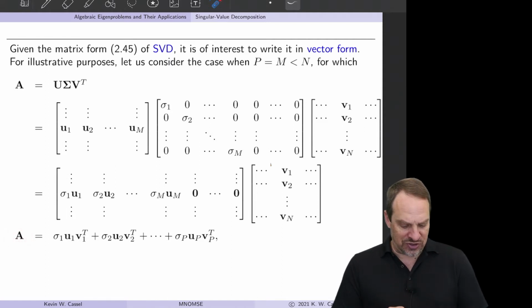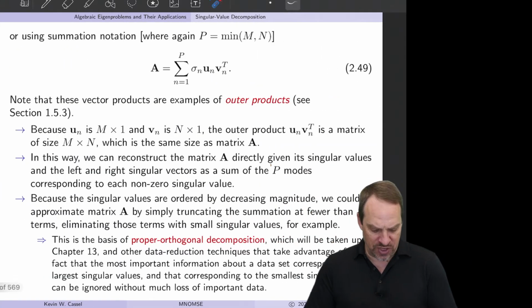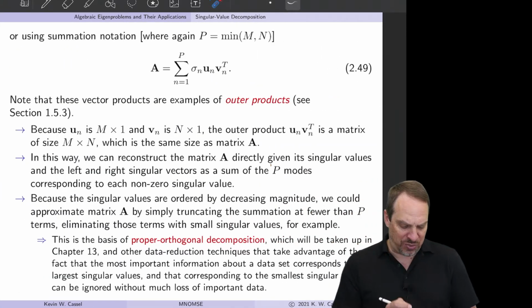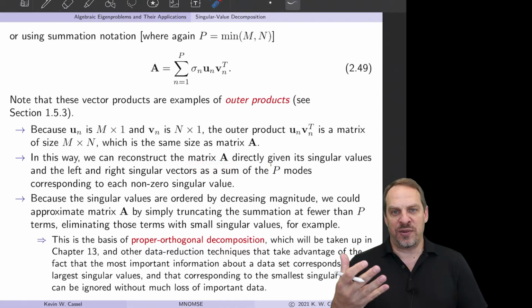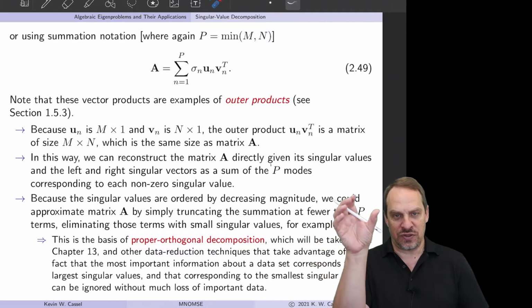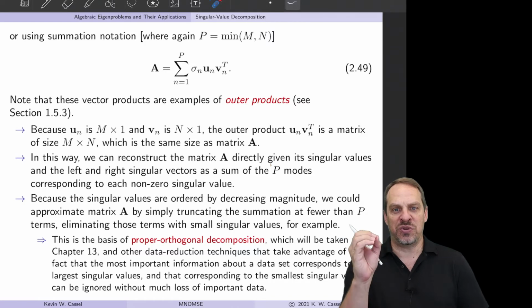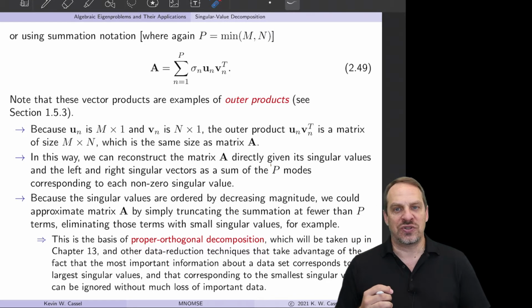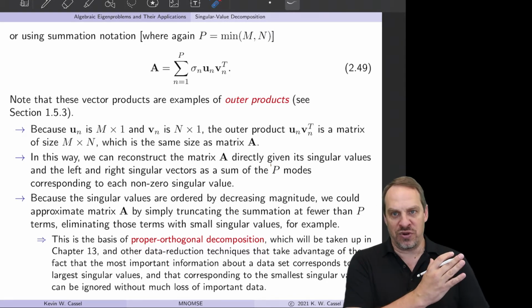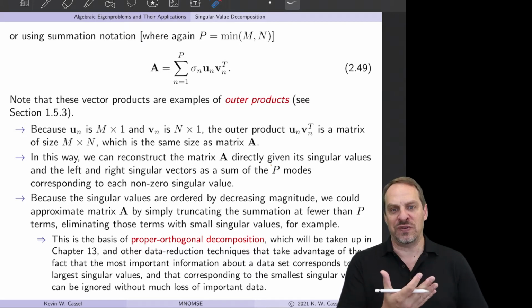Now this starts to suggest some possibilities. You can think, for example, of reconstructing A. If we had a singular value decomposition of A, we could reconstruct A by taking these vector products and adding them up. But now imagine that some of those singular values are small. Say the last number of them are very small, or maybe even 0.